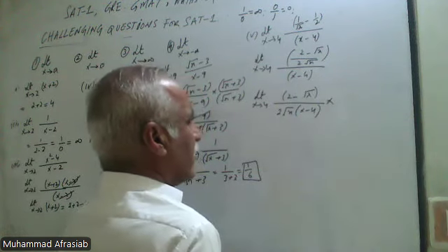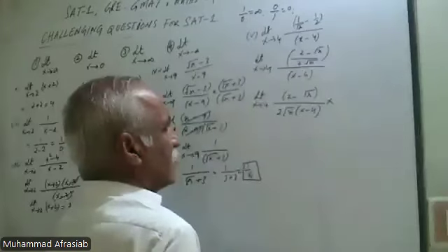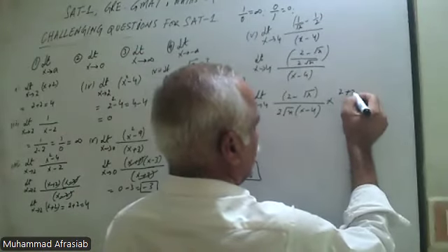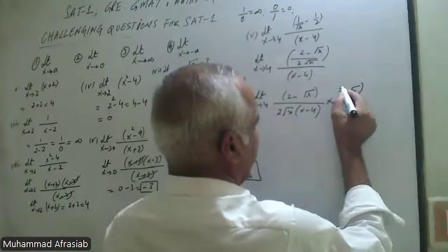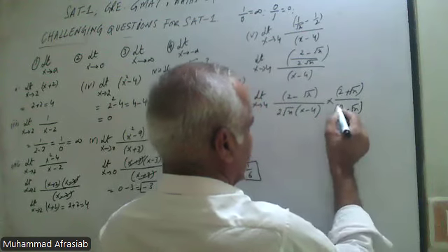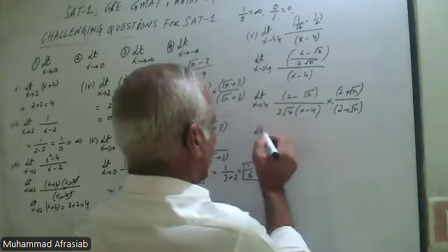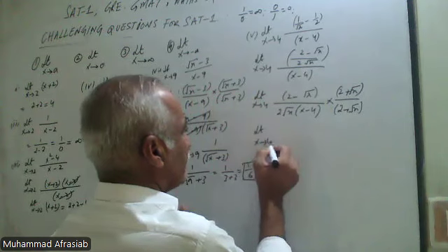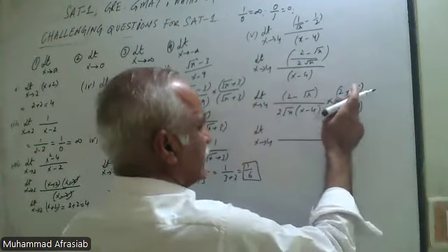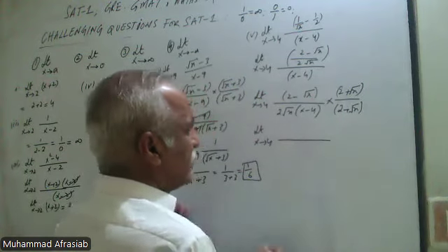Now you make the conjugate of this, so it should be multiplied by 2 plus root x and divided by the same conjugate 2 plus root x. It is a minus b and a plus b, so it is equal to a square minus b square.